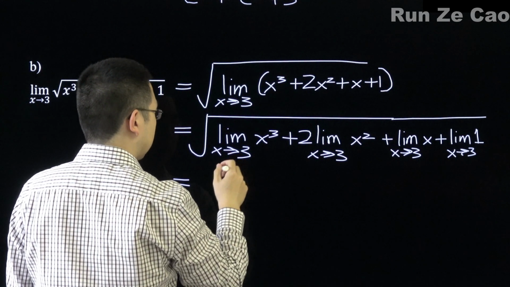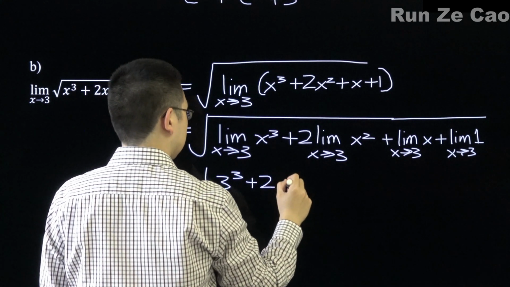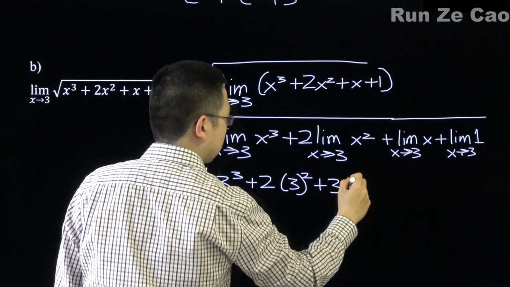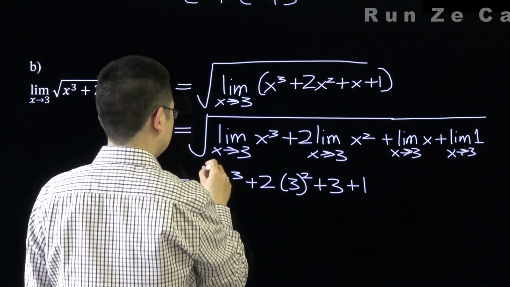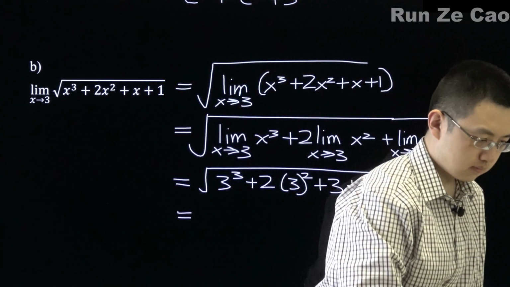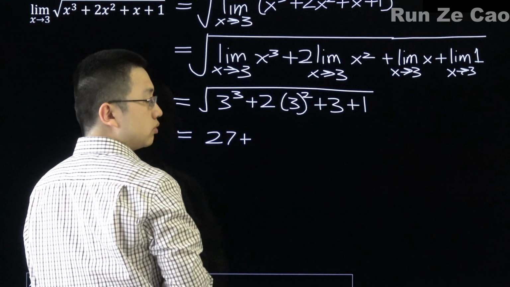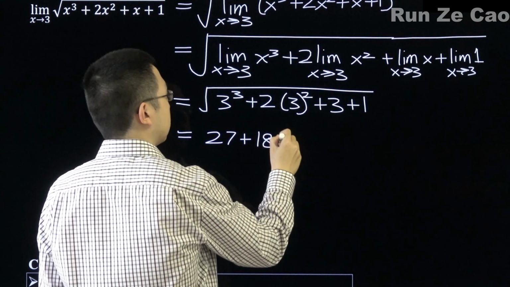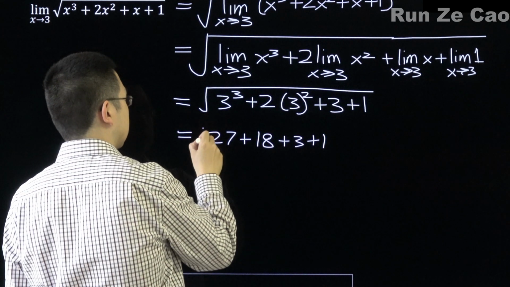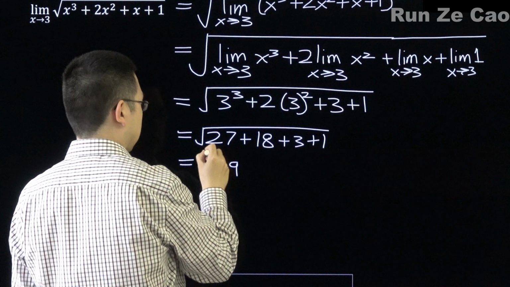Okay, so that's going to be 3 cubed plus 2 times 3 squared plus 3 plus 1 equals 27 plus 2 times 9 is 18 plus 3 plus 1. So 27 plus 3 is 30. 18 plus 1 is 19. And therefore, root of 49.